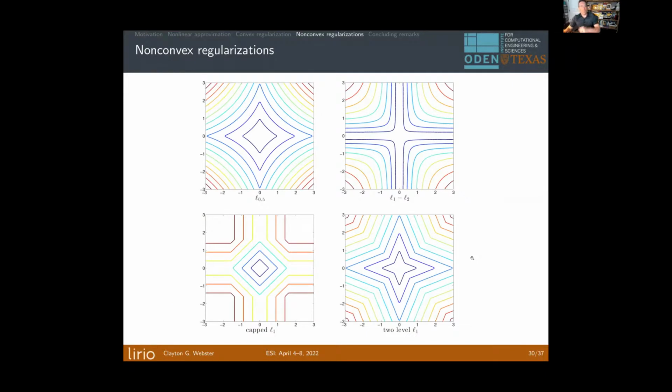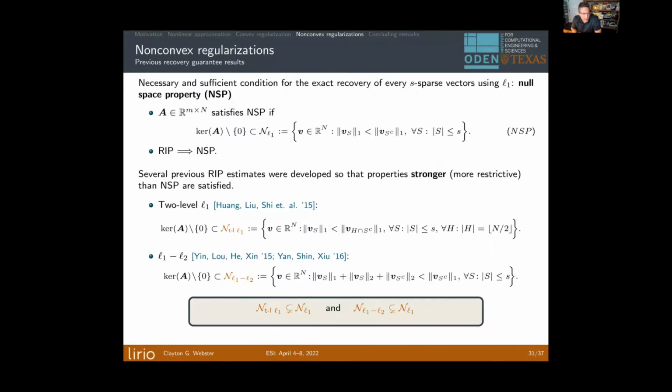Here's the L1 half, which we showed you earlier. Here's the L1 minus L2 ball. Here's the capped L1 ball and what people call 2-level L1. As you can see, the goal here is to get as close as possible to L0, or something intermediate, and see if one can reconstruct with accuracy better than L1, or at least enforce sparsity.